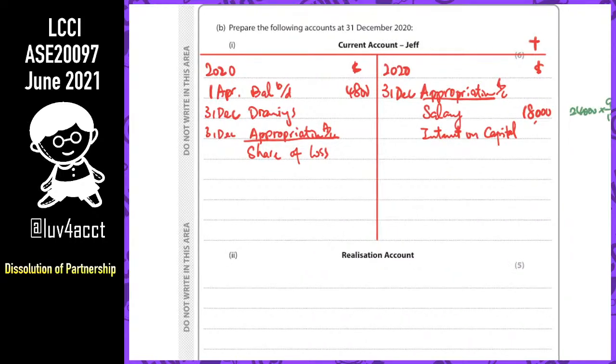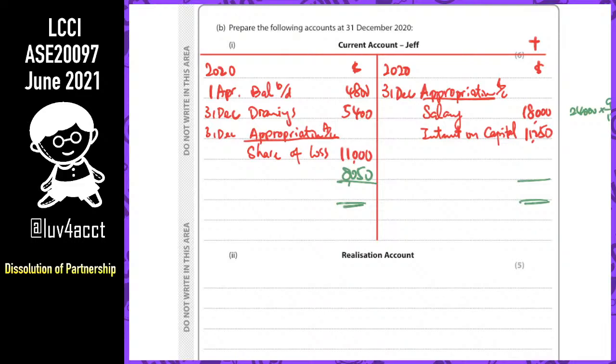Drawings 5400, share of loss 11,000, interest on capital 11250. So the balance being 11250, 4,800, 5. You have the balance being 8050. And then close.